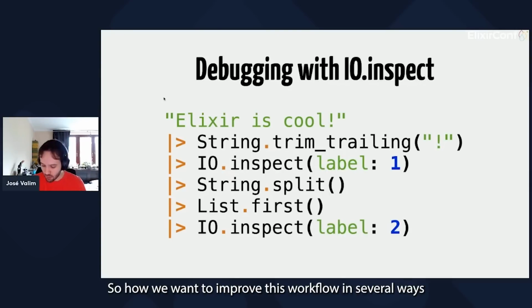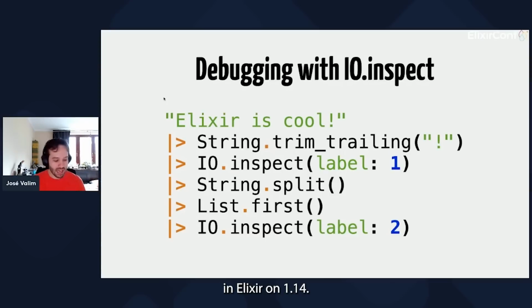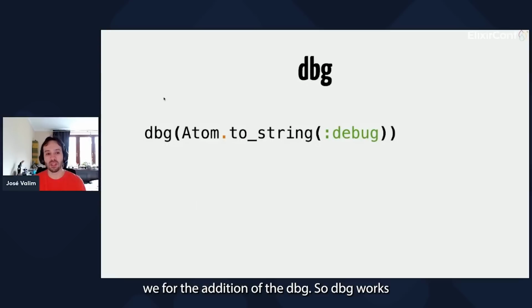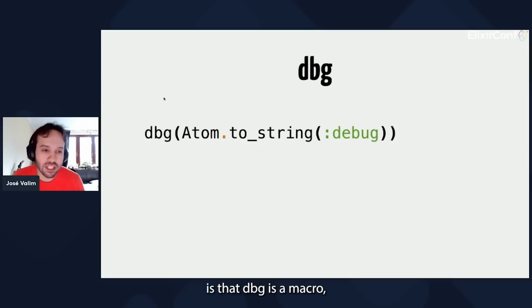We want to improve this workflow in several ways in Elixir 1.14 with the addition of dbg. dbg works like IO.inspect in the sense that you give it an expression and it returns the value of that expression, so you can use it in pipelines. But the cool thing about dbg is that it is a macro.